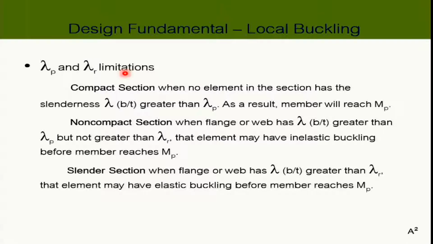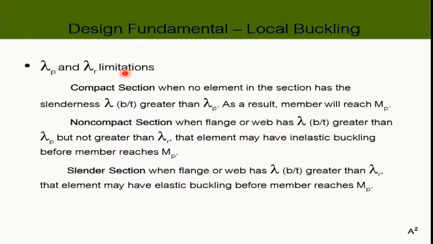So when we look at the flange, the slenderness of the flange itself may be considered as compact or non-compact or slender. So instead of 2 sets of behavior, we now have 3. So that means we are going to have 2 limits, right? Because we have 3 ranges. So there are 2 limits to divide the ranges into 3 zones.